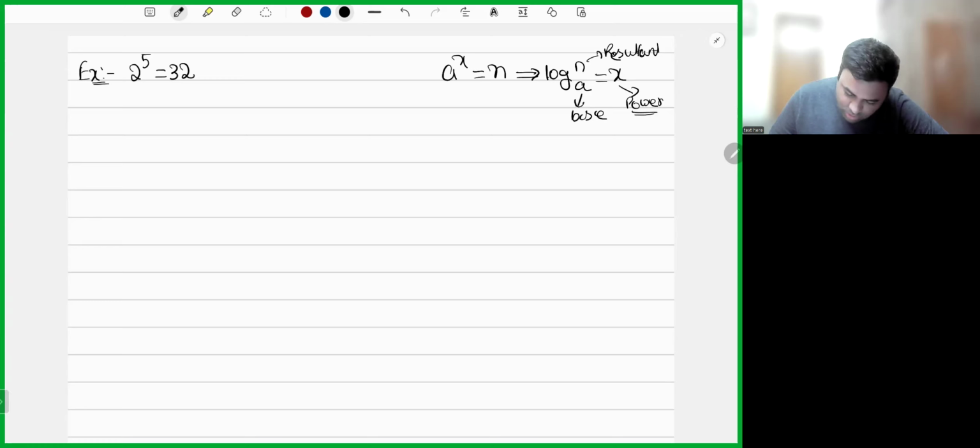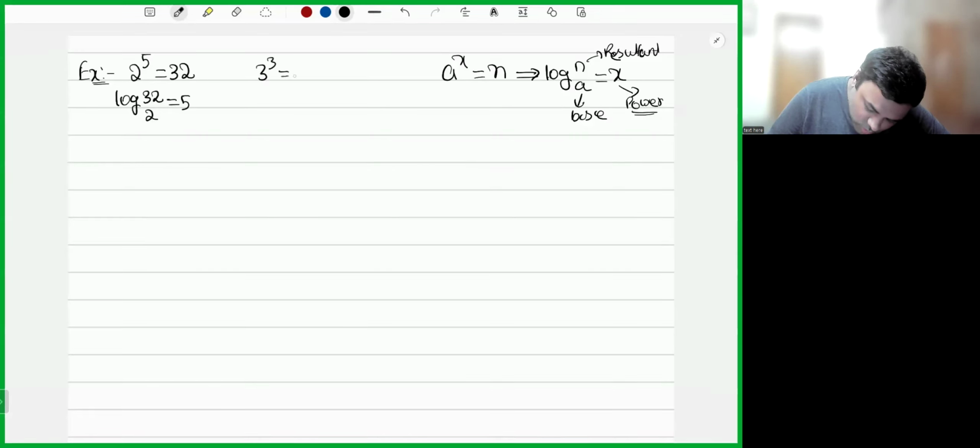Now 2 power 5 is equal to 32 is given. I want to write it in terms of logs. How will I write? Log 32 to the base 2 is equal to 5. So the value of log, I'm equating it to power. I have 3 cube is equal to 27.